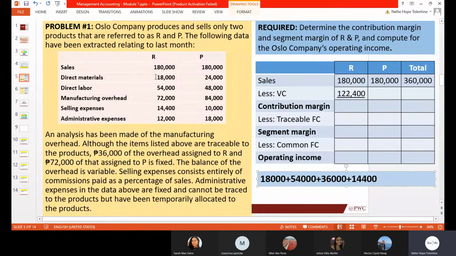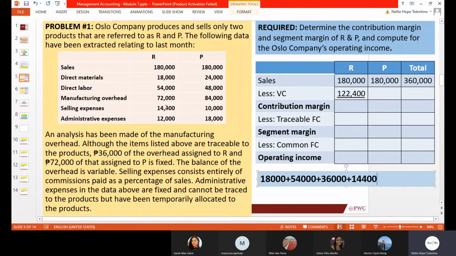18,000 is the DM, because I always say that DM and DL are always variable costs. 54,000 is this one. Then, ma'am, why is MOH only 36,000? Because it says here that 36,000 of the overhead assigned to R is fixed.